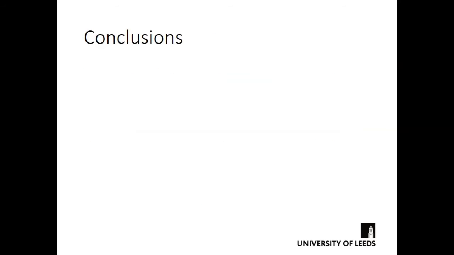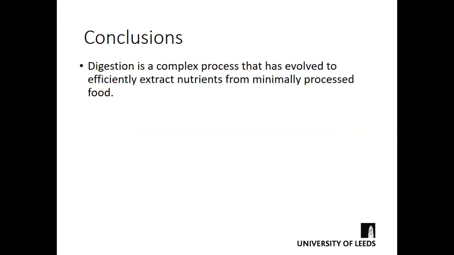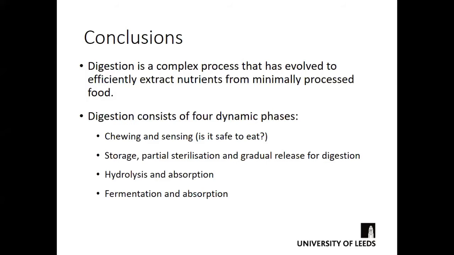In conclusion, digestion is a complex process that has evolved to efficiently extract nutrients from minimally processed food. Of course, that's not what we're consuming now, but that's what we've evolved to do. Digestion consists of four dynamic phases. Chewing and sensing, as I said, is the phase where we determine whether it's safe to eat or not.